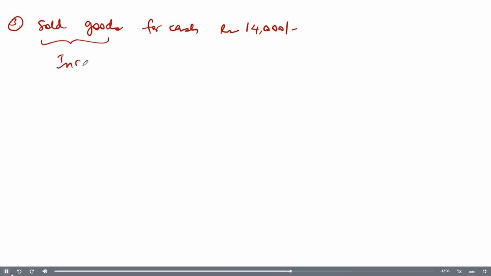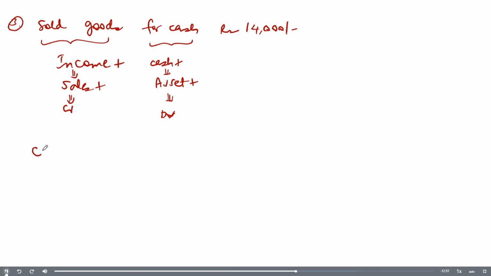Sales is an income. Income increases, so sales increases. If income increases, you will credit the income account. And cash is coming in. If you sell for cash, it means you have immediately got the cash for the sale. So cash balance increases, which is an asset. If asset is getting increased, you will debit the asset.